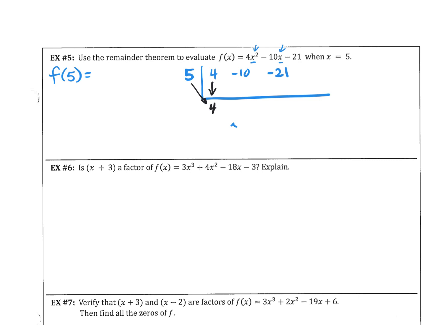Multiply. And where does that go? Yeah. So what goes under the negative 10? Okay. So now what do we always do straight down? Add. So what do we end up with there? And now we're going to do the diagonal thing again.